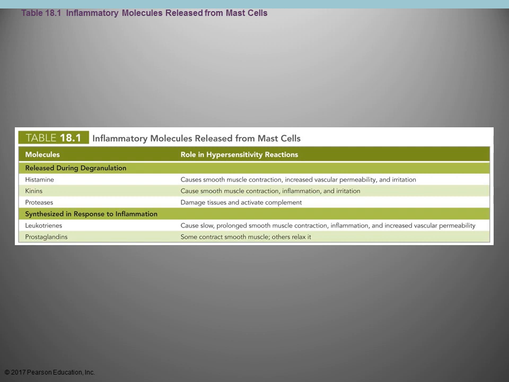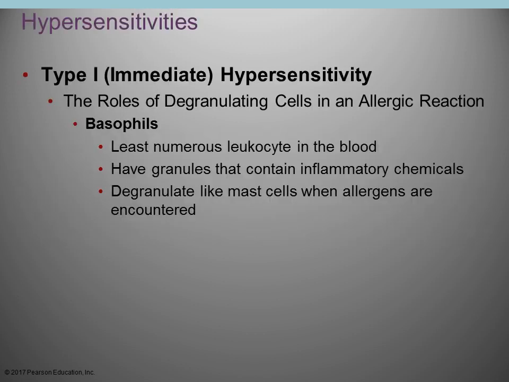Proteases, which can activate complement, which in turn is going to lead to cell death of the foreign substance. It can also cause the synthesis of leukotrienes and prostaglandins. And as you can see, a lot of these do have similar types of responses. The basophils, these also contain inflammatory chemicals.